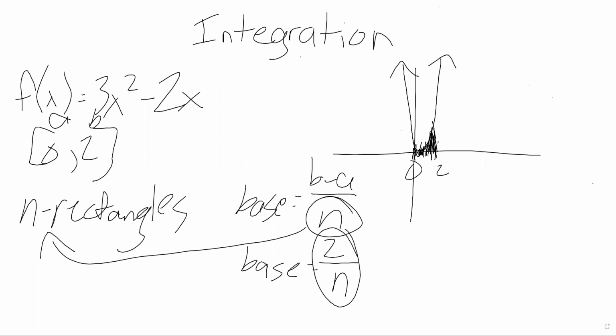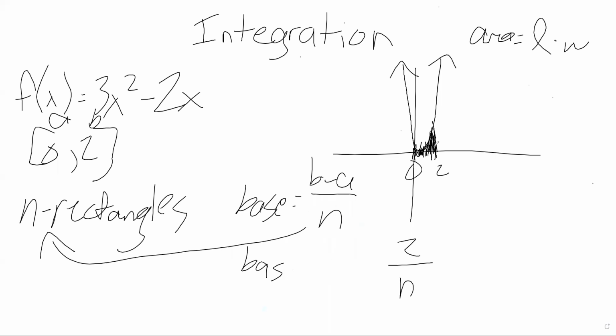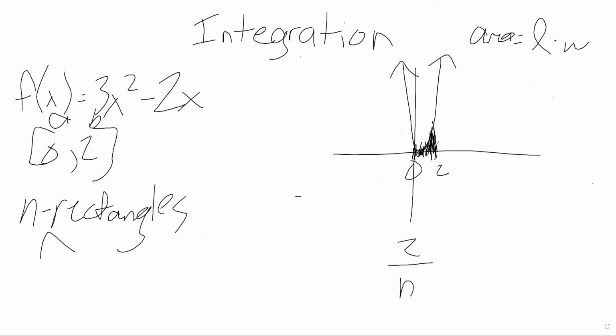So obviously area of a rectangle equals length times width. Since the base of all the rectangles is going to be 2 over n, instead of writing that over and over, I can just pull it out. Let me clear some area here because I'm going to need it.